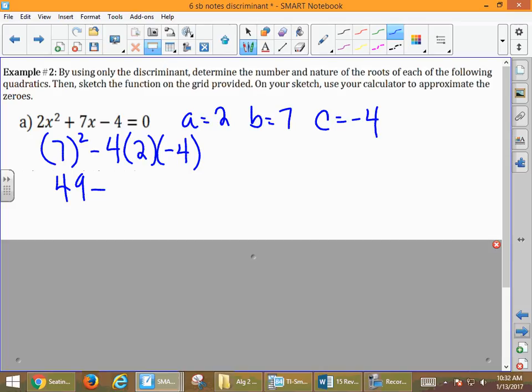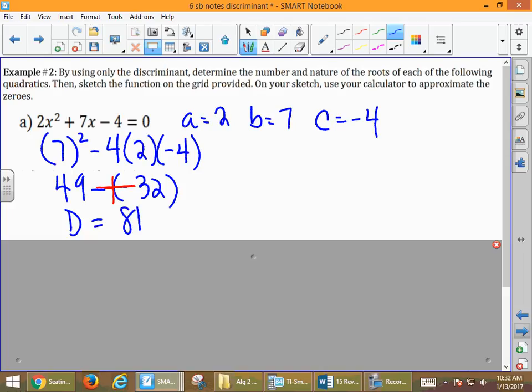Minus 4 times 2 is 8, times negative 4 is negative 32. And once again, what happens when we have a double negative? We get positive. So this is positive. And when we add 49 plus 32, we're going to get our discriminant value, which is 81.